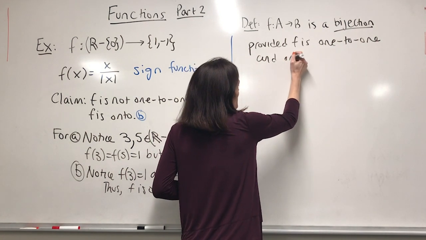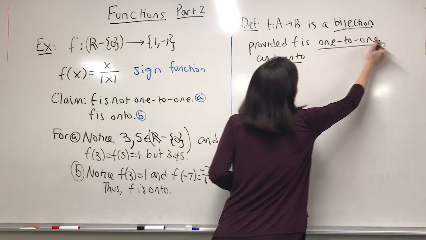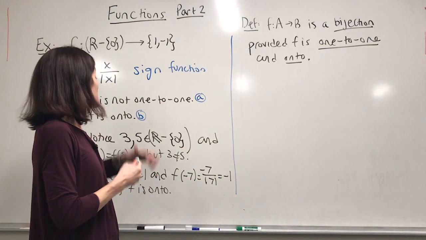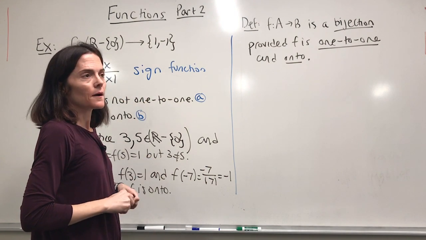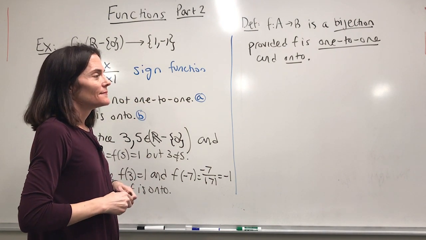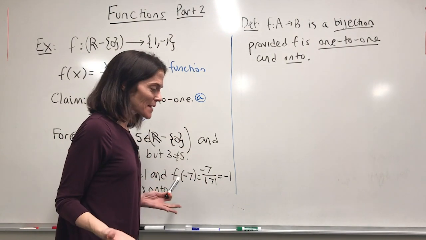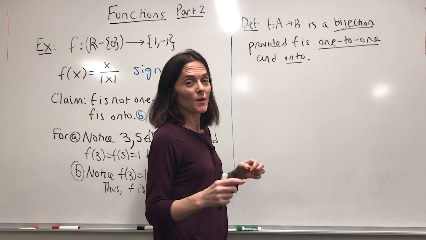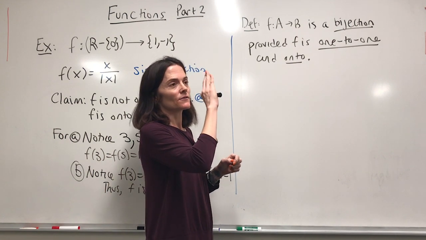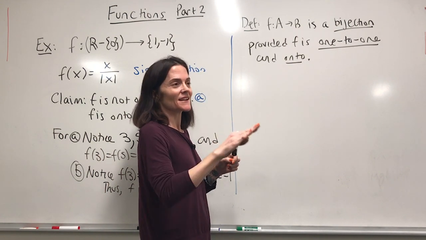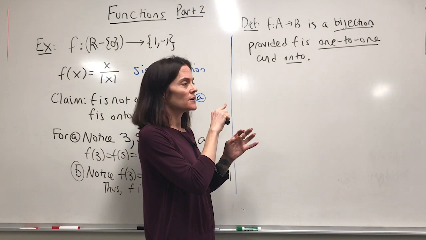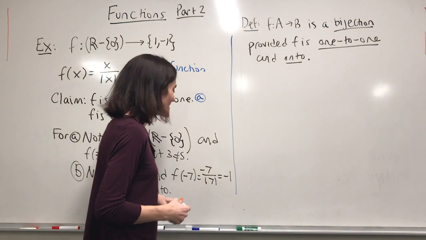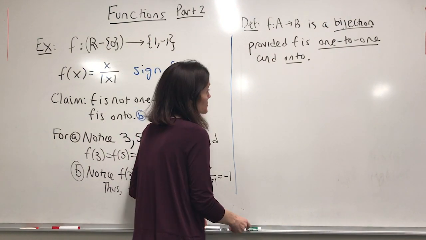So we need both of these. Then we have a bijection. The last one was not a bijection. It was onto, not 1-to-1, where we went from non-negative integers cross non-negative integers into integers, where f of (m, n) is m minus n. Not a bijection.